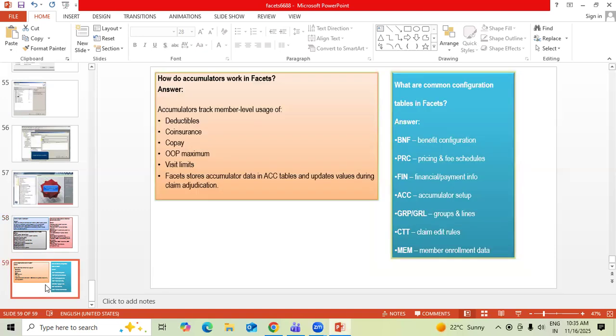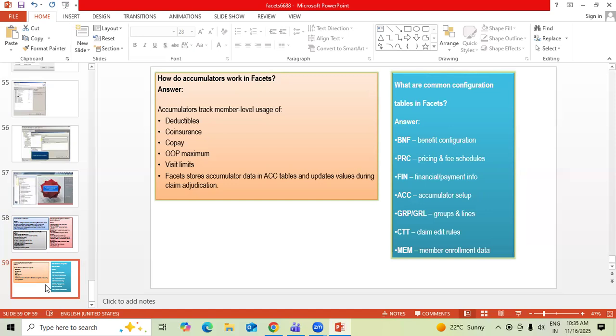Now, how do accumulators work in Facets? First of all, we must know that accumulators majorly track member-level usage for deductibles. What deductibles are required? What is co-insurance? What are co-pays? What are the OOP maximums we have? And are there any limits on visits, such as patient visits to the hospital?